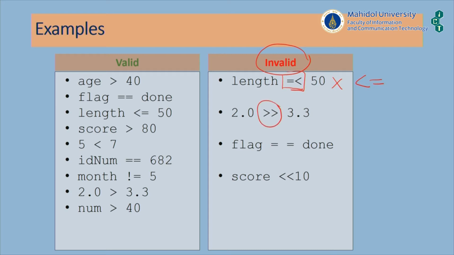And the second one, we don't have this operator. We need to change it to be like this, right? And how about this one? You don't have a space here. It needs to be double equal. Again, with this one. So make sure that if you want to use the relational operators, you choose the correct one. And your left hand side is the valid example.